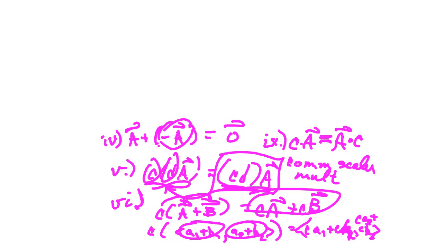But that ends up equaling this, CA plus CB. Because CA is the vector CA1, CA2, and this one is the vector CB1, CB2, and if you add those together, CA1 plus CB1 is right there. So anyway, that's a proof, kind of sloppy.